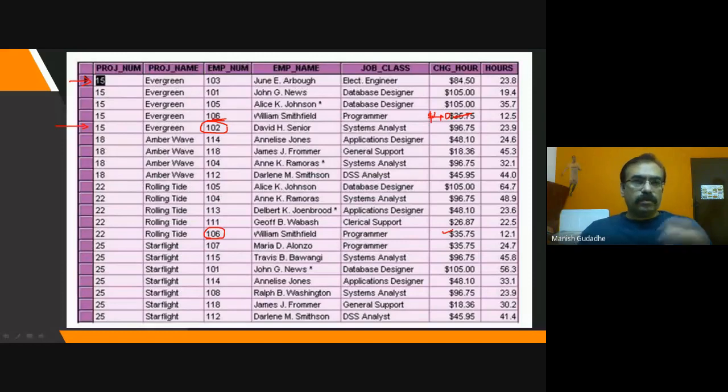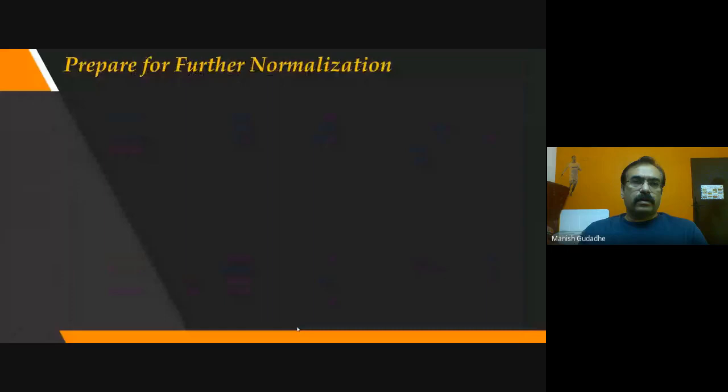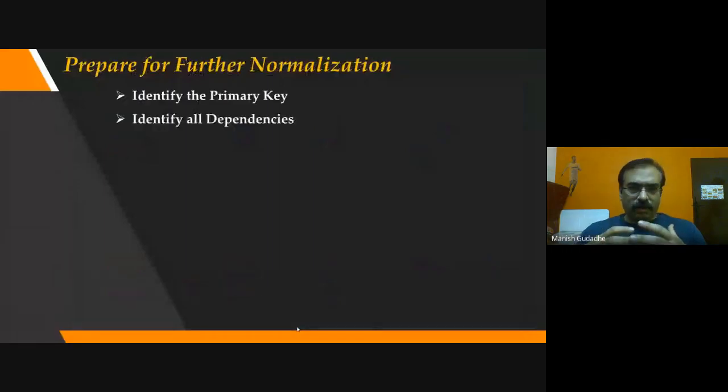So we need to take care of that, and now identify some key elements, some prime elements, on which all the non-prime elements will be functionally dependent. Here comes the concept of functional dependency. So prepare for further normalization. We have changed the unnormalized table into a table normalized in first normal form.